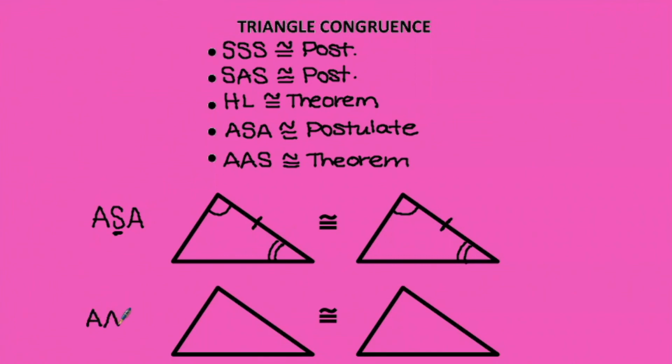Let's make one for angle angle side. Let's use those same two angles. This angle is congruent to this angle, and this angle is congruent to this angle. And we want the side that we choose to really only be touching one of those angles. We could either choose this one right here or the bottom one. Both of those would be an angle angle side setup.